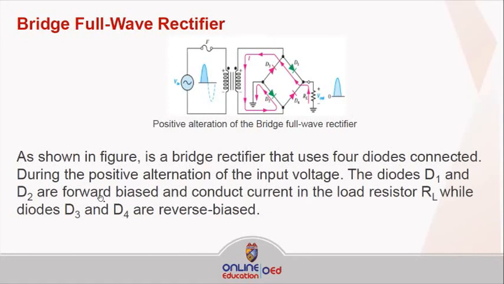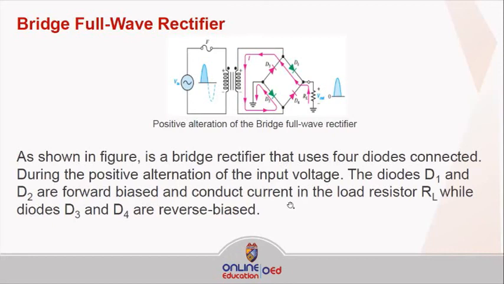During the positive alternation of the input voltage, the diode 1, yung D1 natin dito, and the diode 2 are in the forward bias. Okay, and it will conduct current in the load resistor RL. Okay, ibig sabihin yung D1 at D2 natin is naka-forward bias dito sa bridge full wave rectifier. Kapag naka-forward bias, it will conduct current.